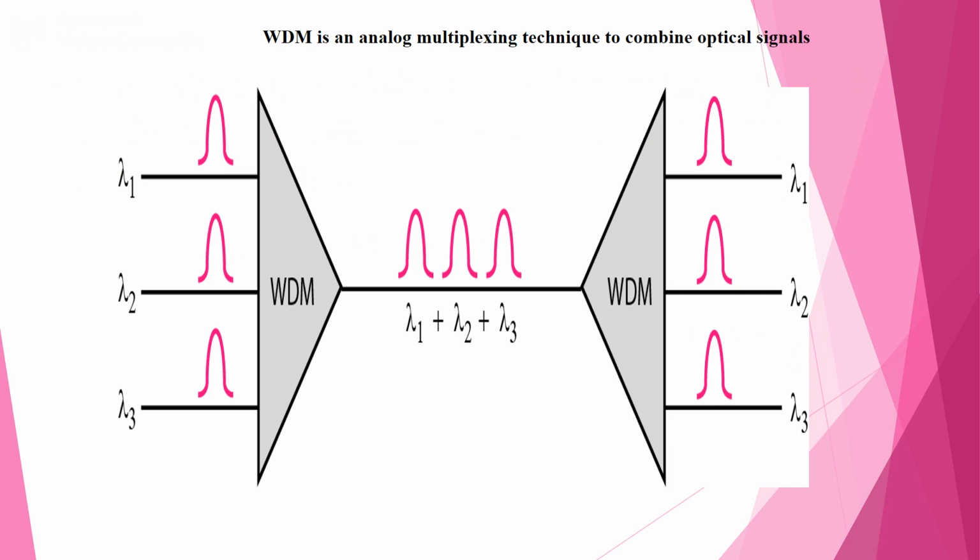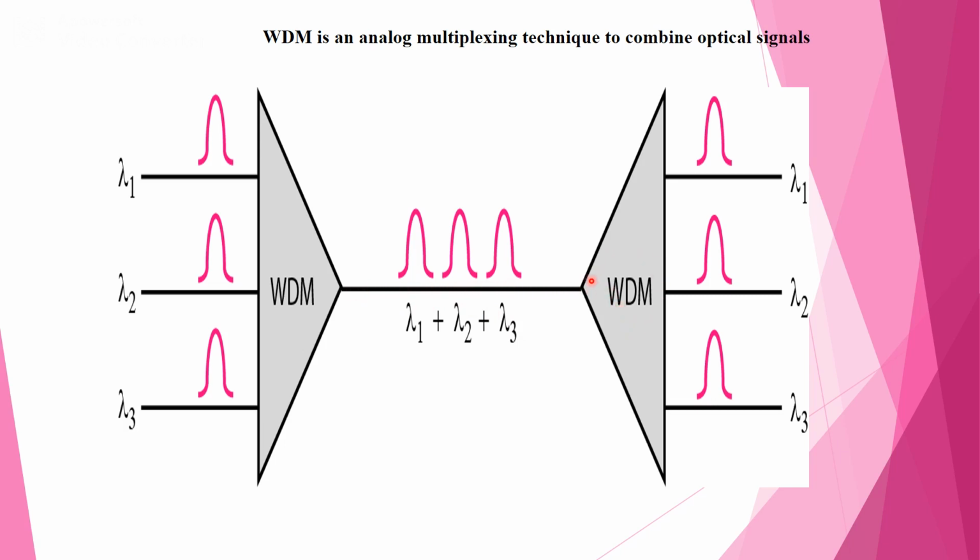The diagram shows the WDM technique, in which we use three different light signals with the wavelengths lambda 1, lambda 2 and lambda 3. WDM combines these multiple light source signals, lambda 1 plus lambda 2 plus lambda 3, and they are transmitted through the link.